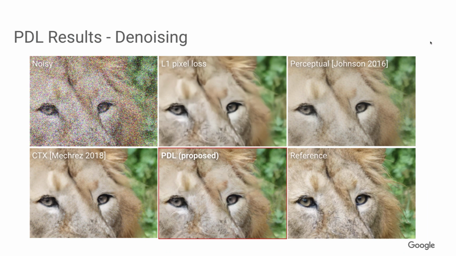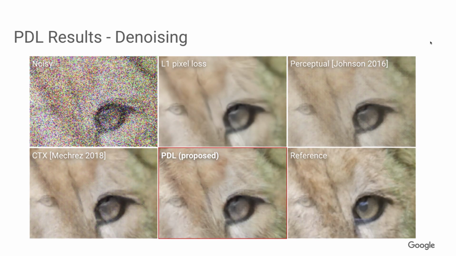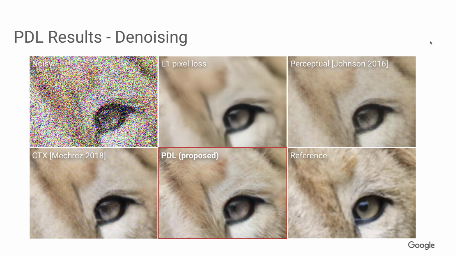Here, we show a comparison on image denoising of models trained with different losses. Our projected distribution loss leads to generated images that have more details than when directly minimizing the pixel loss or other approaches like the perceptual loss and the contextual loss. Here you can see a close-up of the lion hair. PDL preserves the hair texture much better than the other approaches.